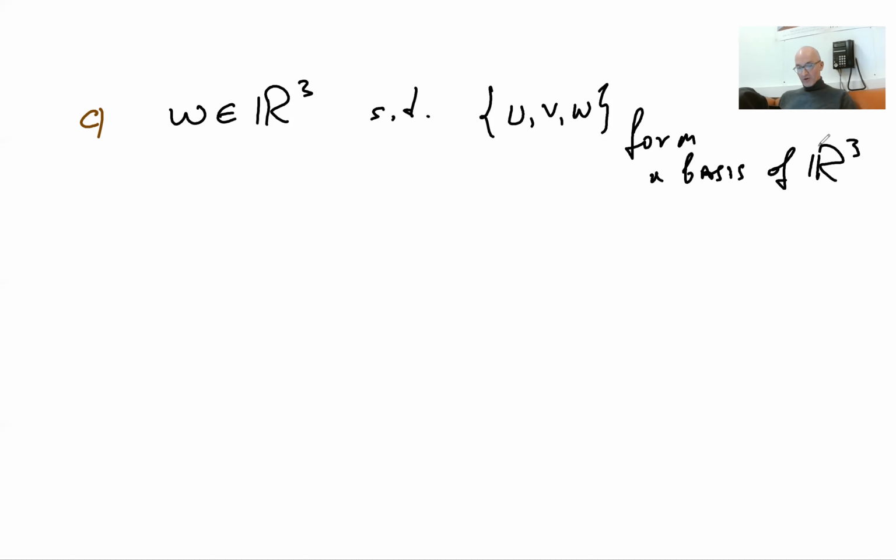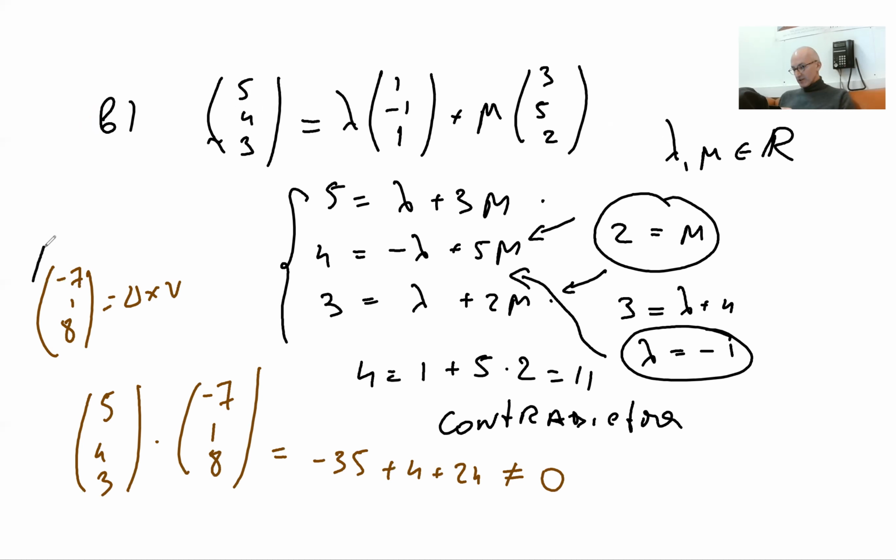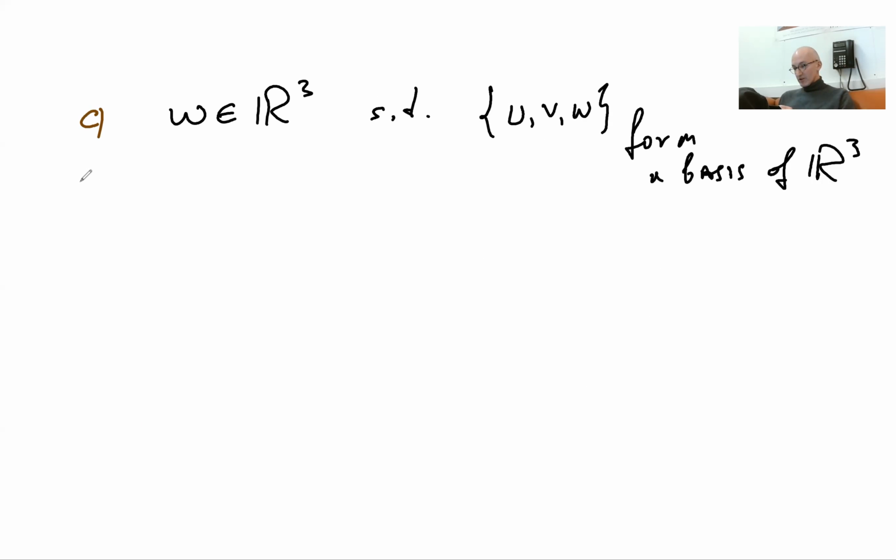Of course, we already know that this vector is orthogonal to u and v. Yes, we can take this vector. So if we wish, for example, we can take u, v, and u cross v, which we just found. This is going to be a basis.